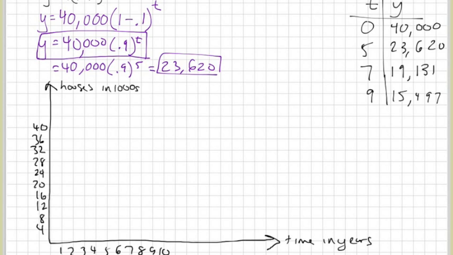So we're going to plot it out. 0, 40,000. 5 is right about 24. 7, about 19. And 9, about 15.